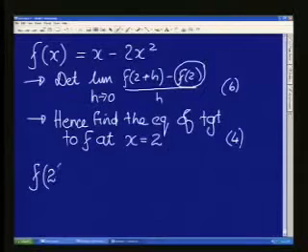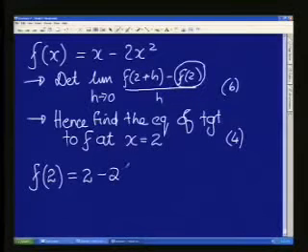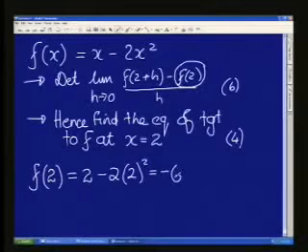So what is f of 2? Go to my original function, I make all my x values 2's. So I get 2 minus 2 times 2 squared. Now 2 squared is 4, times 2 is 8. If I take 2 and I take 8 away, I get an answer of minus 6.